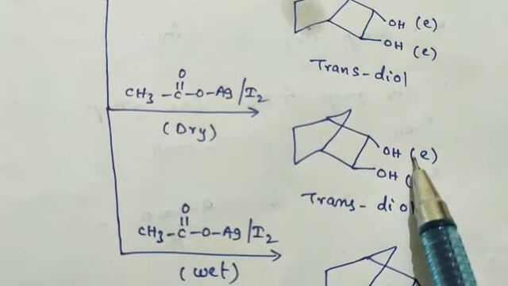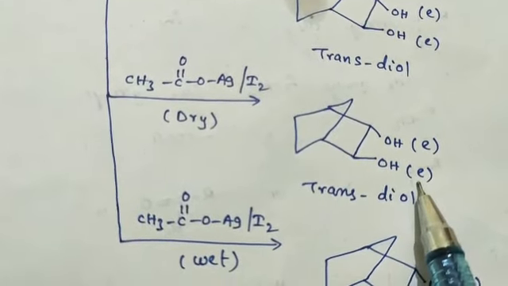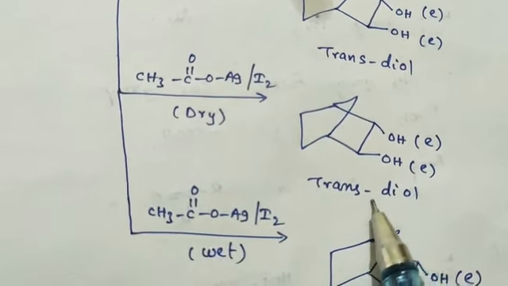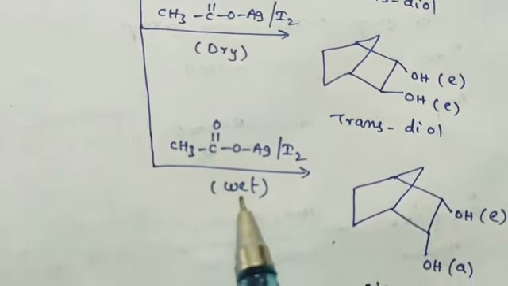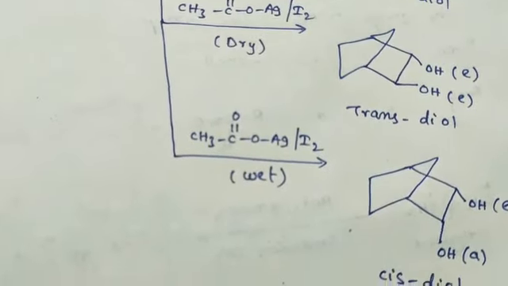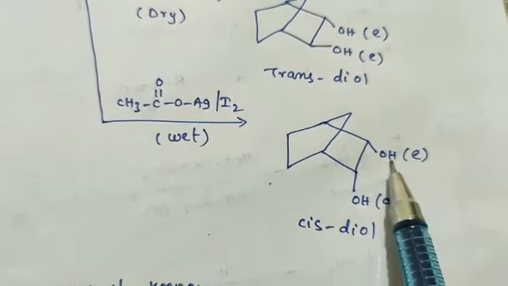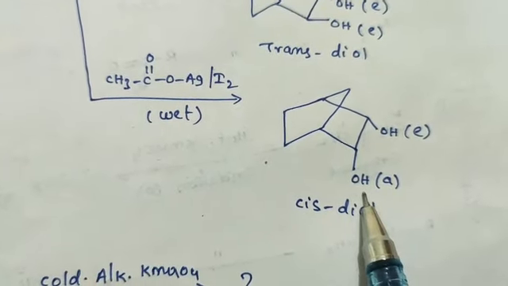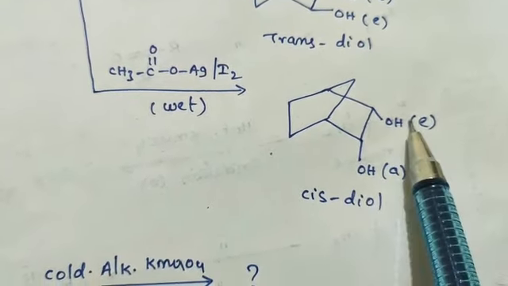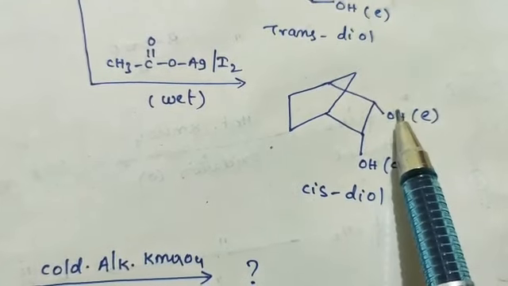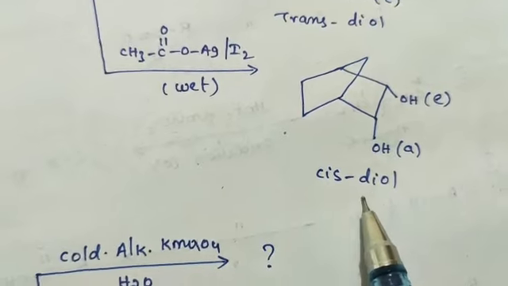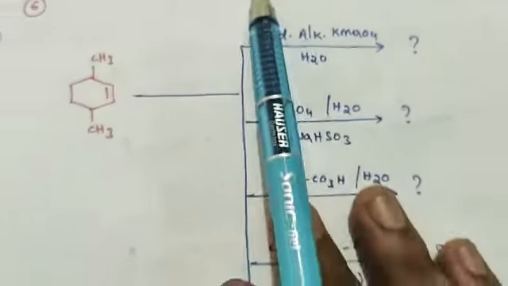Then it forms equatorial hydroxy, non-parallel hydroxy, a trans compound. If we take wet conditions, called Woodward's reagent, then it forms one equatorial, non-parallel, and the other hydroxy parallel, meaning axial. One is equatorial, one is axial. One is non-planar, non-parallel and one is parallel, so it is a cis compound.